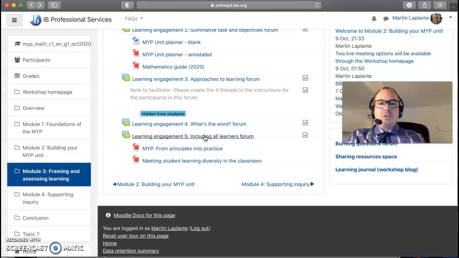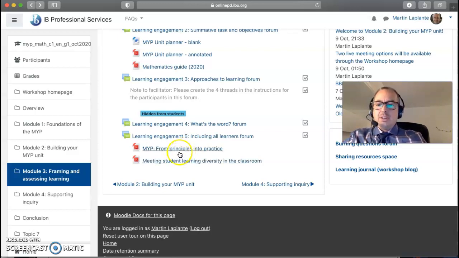So you are exploring the needs of students in the classroom. They refer to the MYP: From Principles into Practice, and on page 27 of that guide, they refer to another document which they've published, which is Meeting Students' Learning Diversity in the Classroom. So you can refer to that as well.